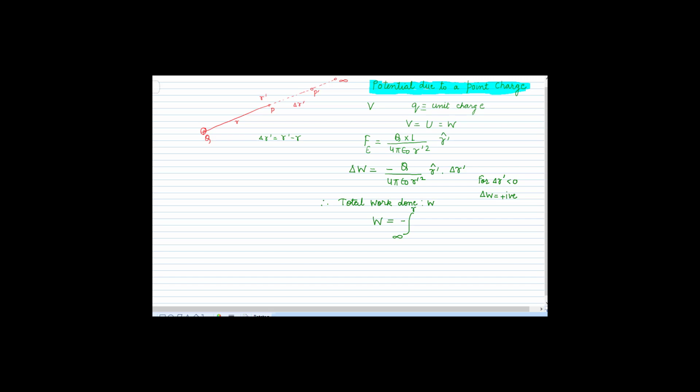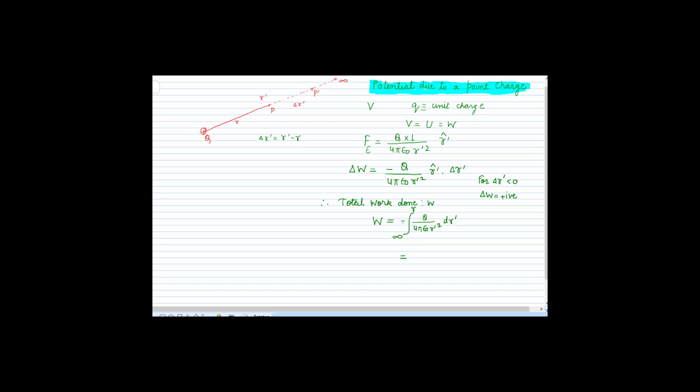And put the value of force, minus Q upon 4 pi epsilon naught R dash squared, and because we are integrating, we can write delta R dash as dr dash. So if we integrate this with respect to R dash, then we will have a minus sign.